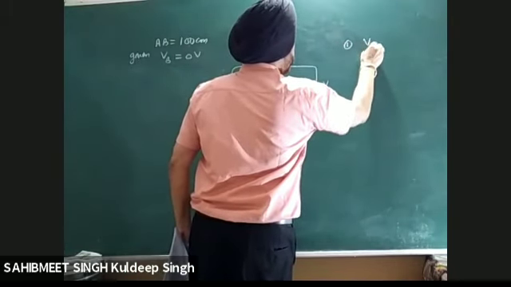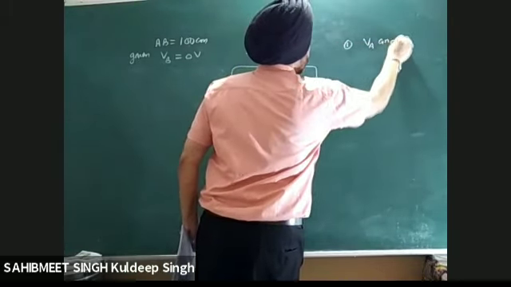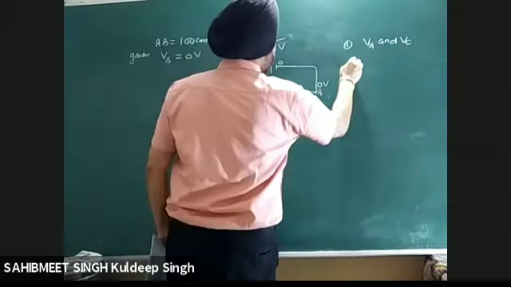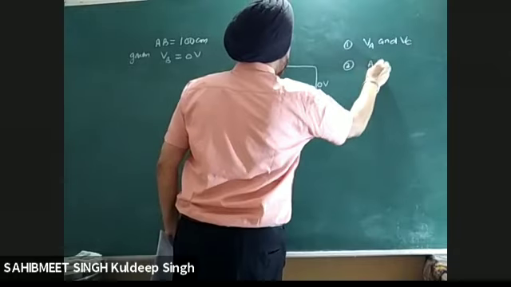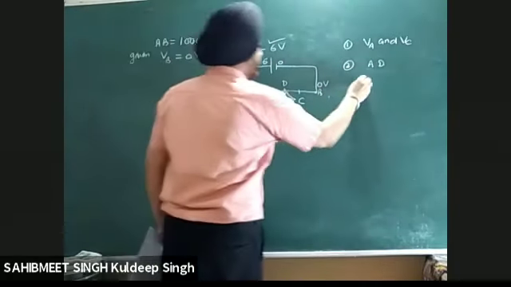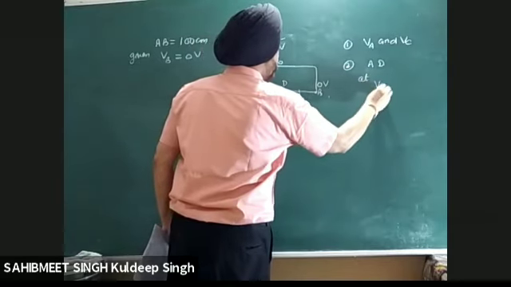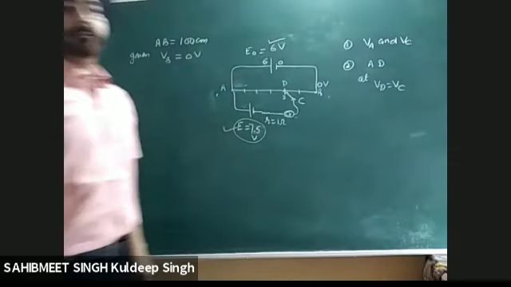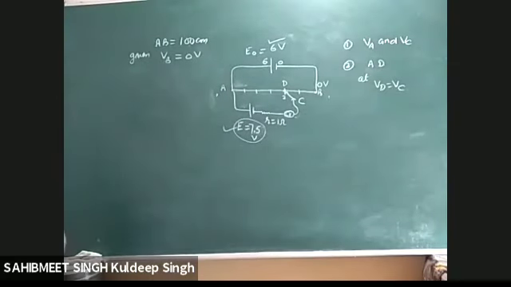Potential A and potential C. And second is AD, length of this portion at which VD equal to VC. We want to find out this. Very interesting numerical.